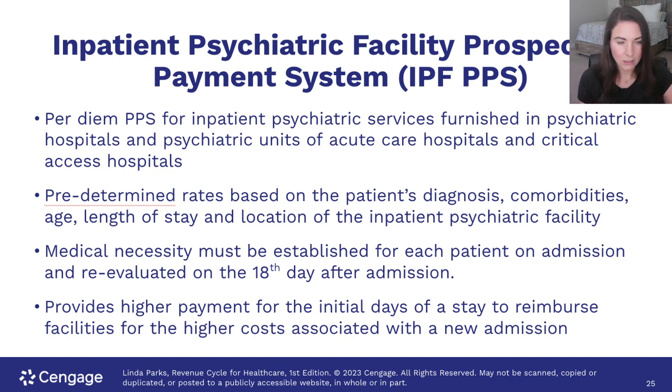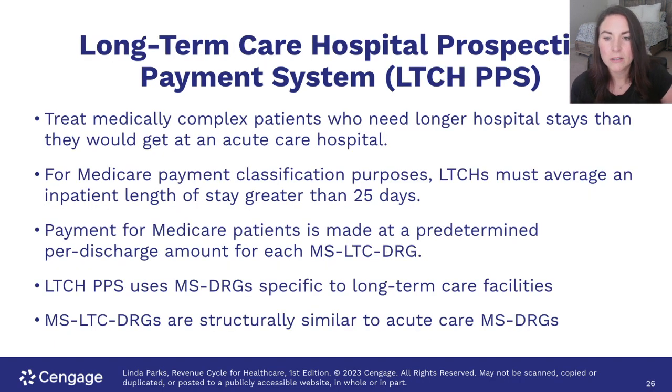All right. Long-term care hospitals use the Long-Term Care Hospital Prospective Payment System, LTCH PPS. These facilities treat medically complex patients that need a longer hospital stay than they would get at an acute care hospital. On average, the length of stay has to be longer than 25 days, okay?